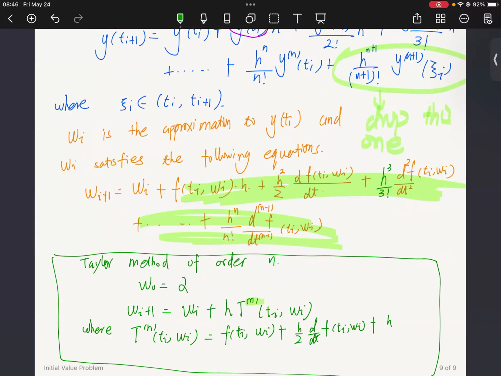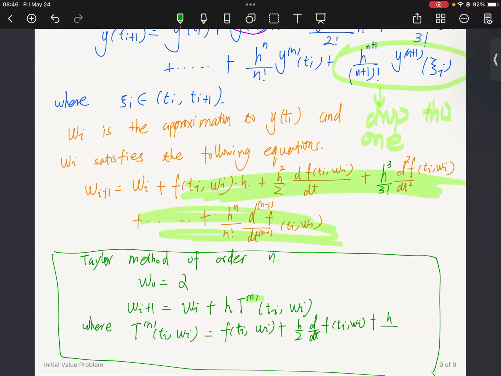So here the third term should be h squared over 3 factorial, and here is 2 factorial, the second derivative of f(Ti, Wi), d squared over dt squared.